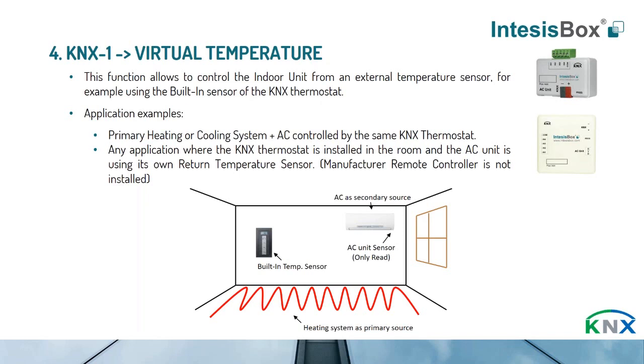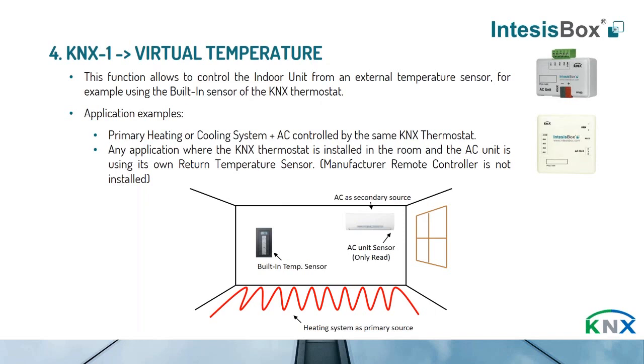In this way, we are doing an integration from the KNX thermostat to the split. In other cases, the manufacturers don't allow writing the temperature sensor. And in this case, we are giving the possibility to use virtual temperature.